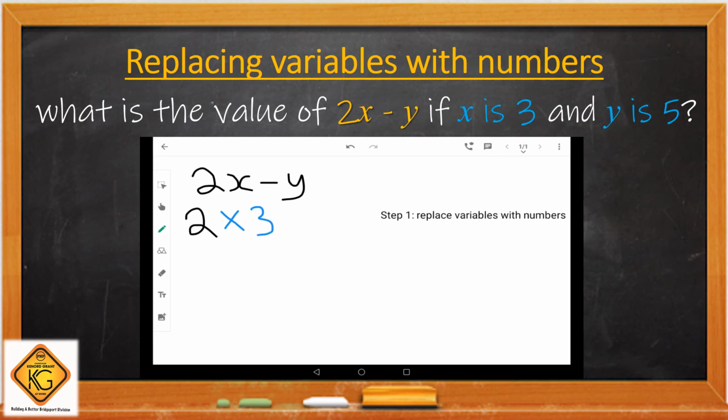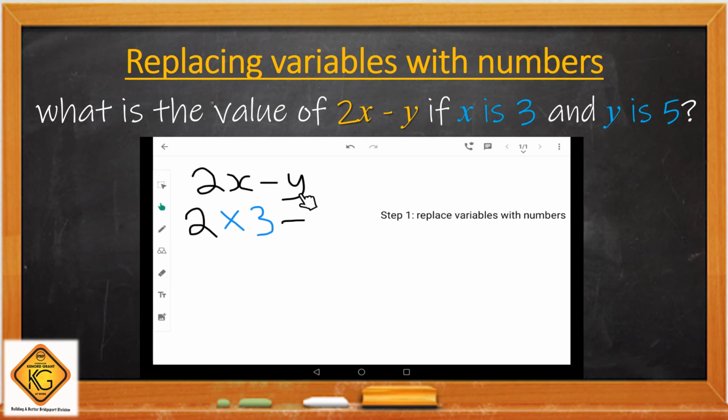Note carefully though that the expression 2x means 2 multiplied by x, or 2 times x, which is why I can write 2 times 3. Next in the expression is the subtraction sign. It's not a variable, so I rewrite it.